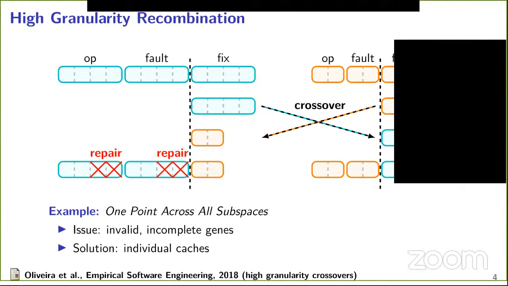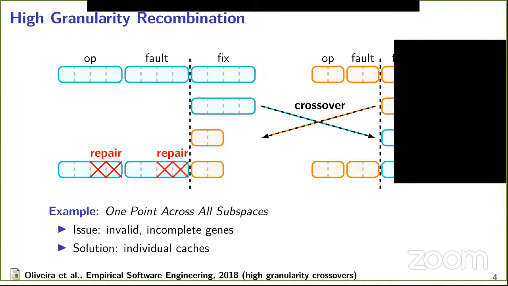We will perform a one-point crossover across all subspaces, which is, for this example, very conveniently cutting the 2 representations between the fault and the fix sublists. So we cut, we swap, we obtain 2 new individuals, and the issue is that all 3 lists are not the same length. So you have incomplete edits that you need to repair. The easiest repair is just to delete those incomplete edits.